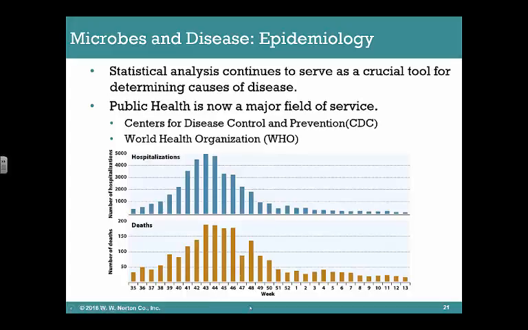You can see the weeks of the year are on the x-axis, and from weeks, say, about 42 to 45, there's a peak in hospitalizations. And then down at the bottom here, the gold bars show the number of deaths at that hospital, and you can see that the hospital deaths follow quickly after that peak in hospitalizations. There's a subsequent peak in deaths.